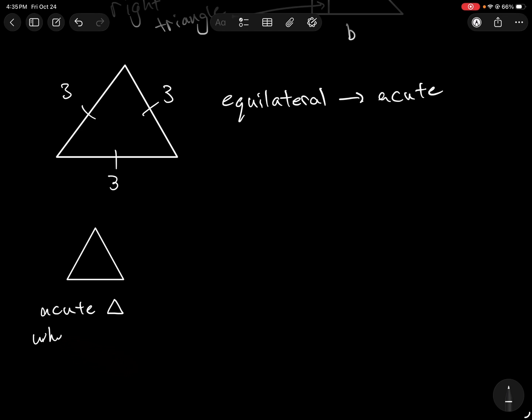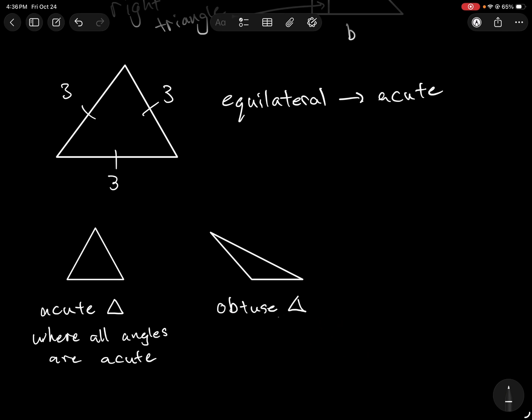where all angles are acute. We have our obtuse triangle, where at least one, this is my obtuse angle, you can't have more than one obtuse, where one angle is obtuse.